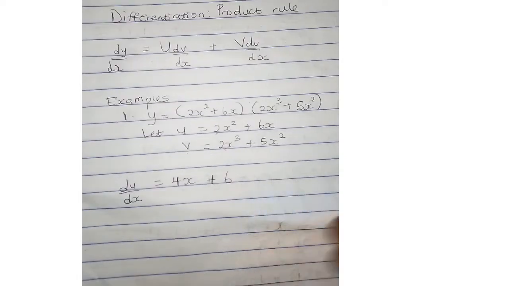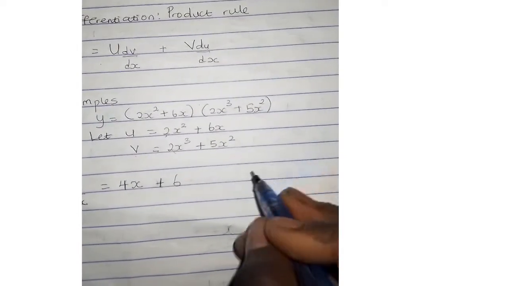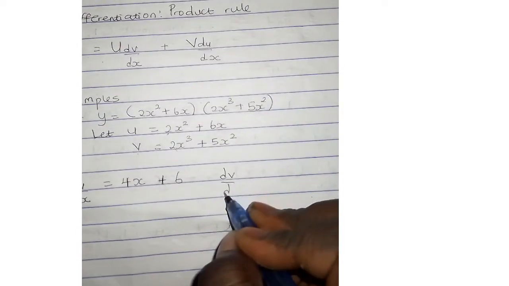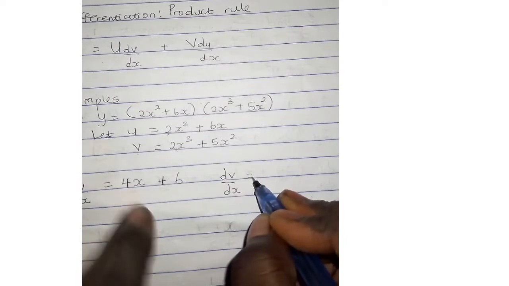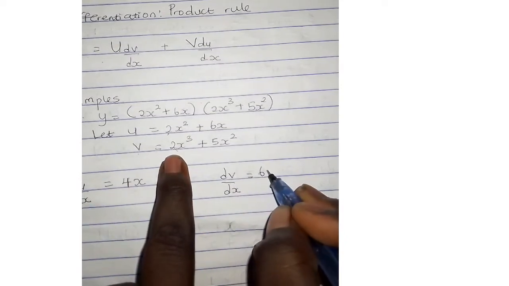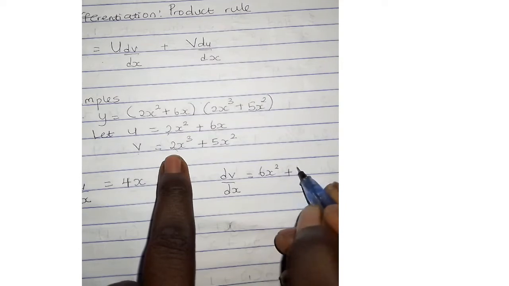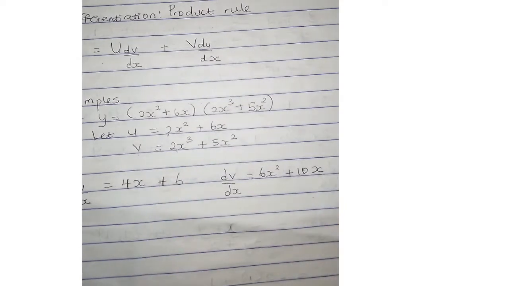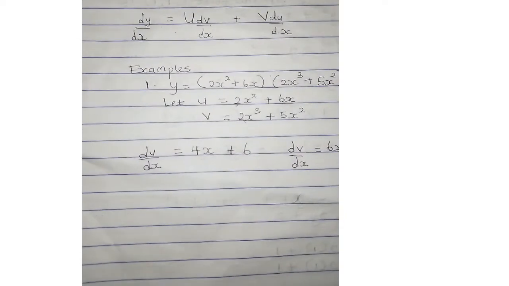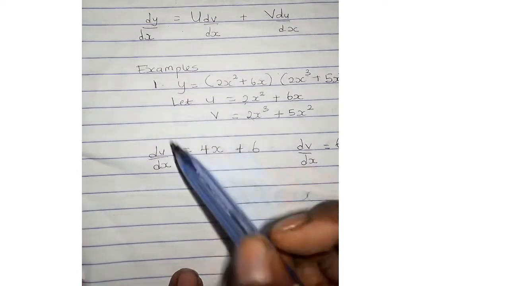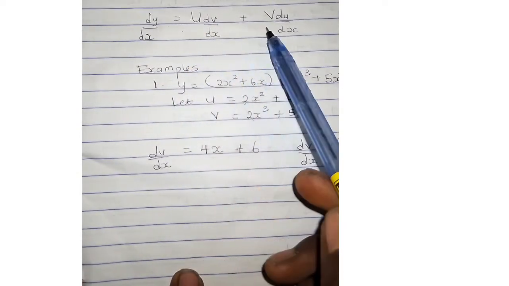Then when we differentiate v with respect to x, this is going to give us 6x squared plus 10x. Now putting it into the formula, dy/dx is equal to u dv/dx plus v du/dx.